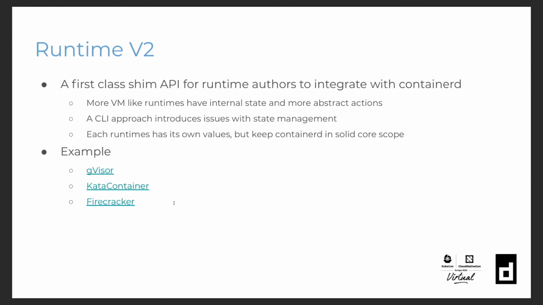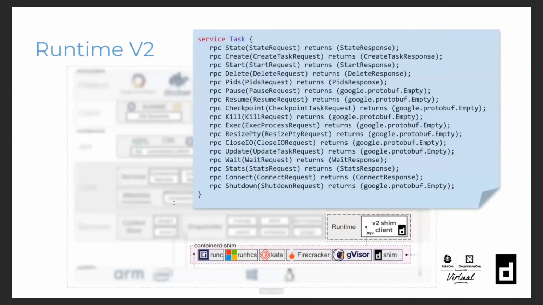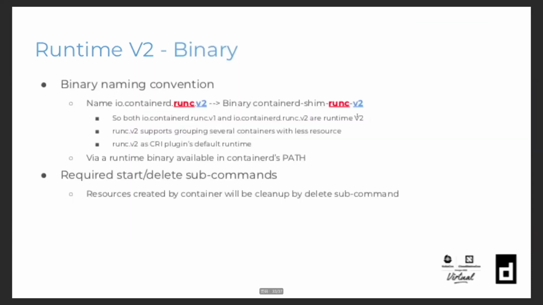So Kubernetes introduced the first class shim API for the runtime authors. So the runtime author can implement their own shim, like gVisor, Kata Containers, and Firecracker. The runtime also needs to implement those API services so that Kubernetes knows how to talk to your server. And we know the shim is a background long-running process. Before connecting to it, Kubernetes needs to find it and start it.